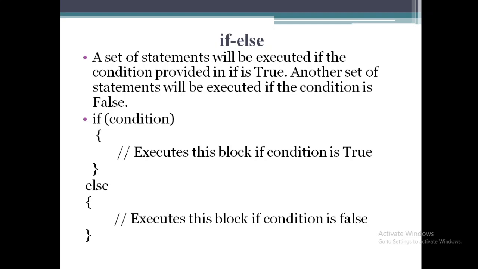And if the condition is false, that means else, execute another set of statements in the else block. So now it will work a little better, right? It is considering the false condition also. So some applications can use this if else statement to get better results.